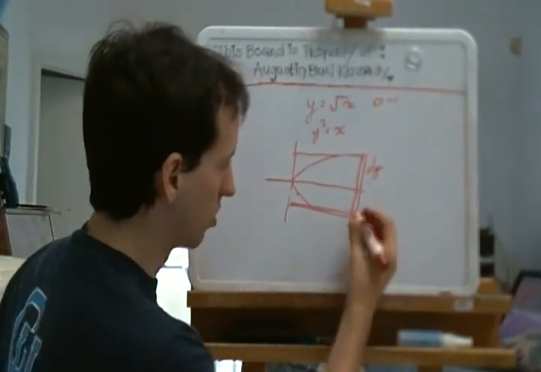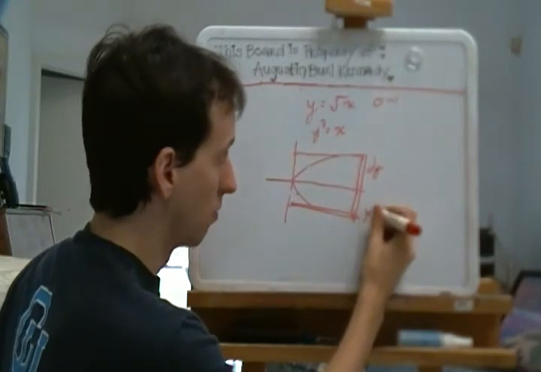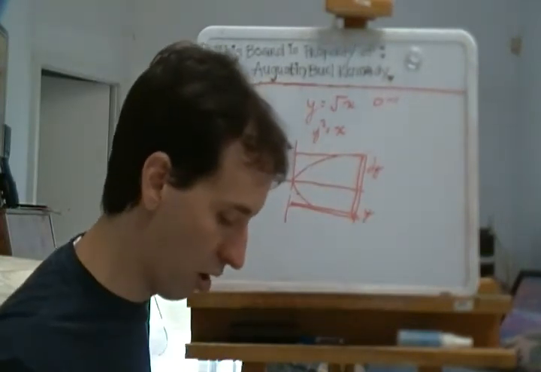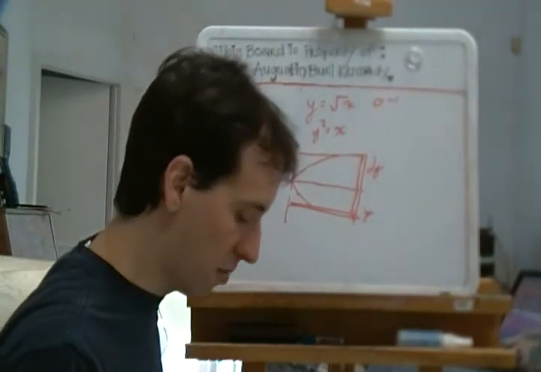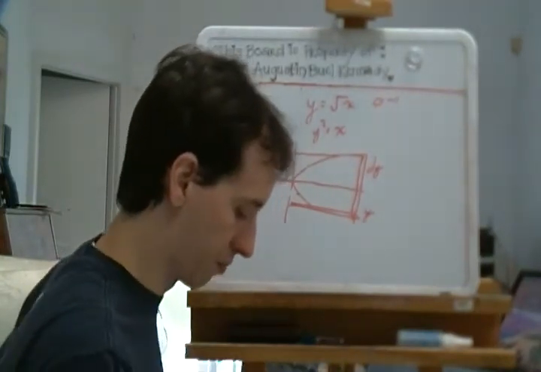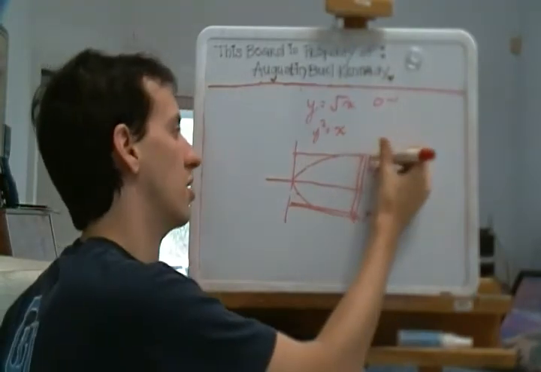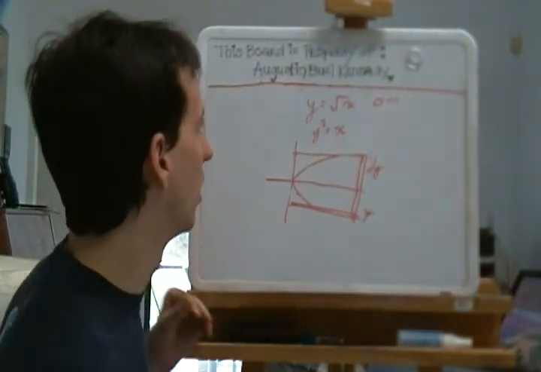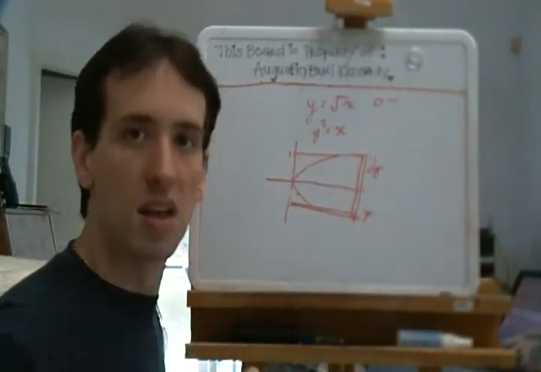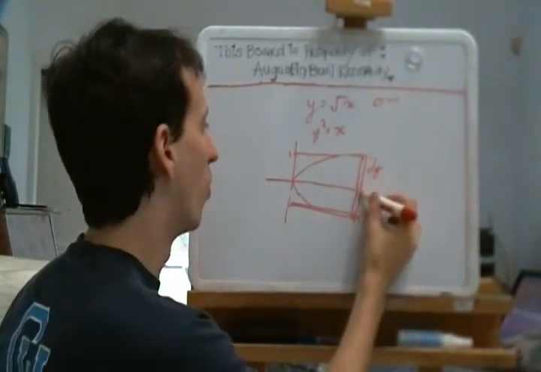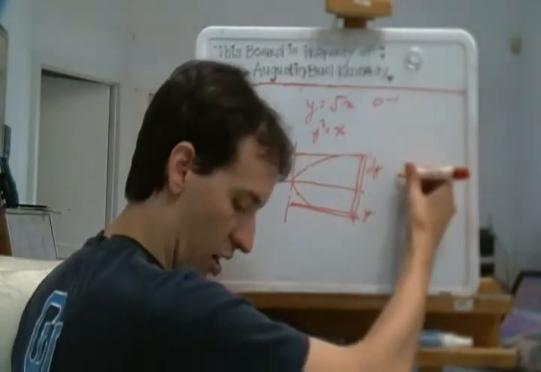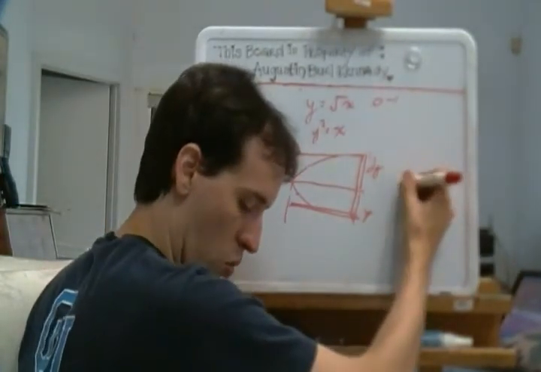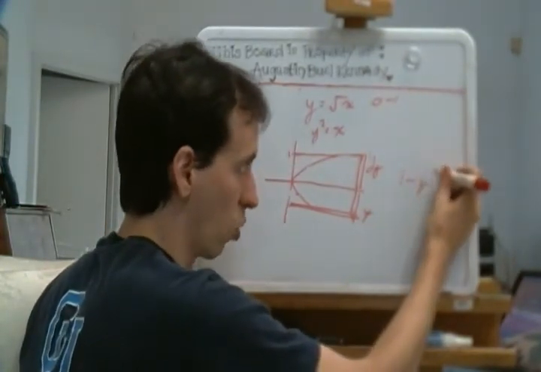And the radius is going to be y. Alright, so it's going to be y squared. But there's going to be a height issue here. And the height is going to be 1. So basically, between 0 and 1, that would make the height 1. That means the height here is 1 minus y squared.